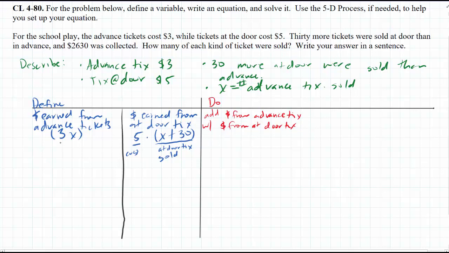That's just 3X, the advance tickets, plus 5 times X plus 30, from the at-door tickets. And then the decide part: is it going to be $2,630?